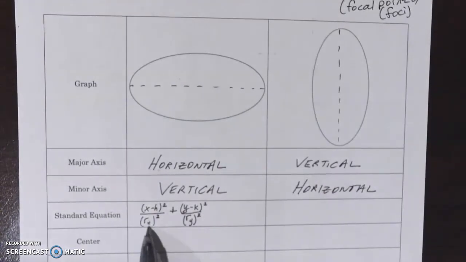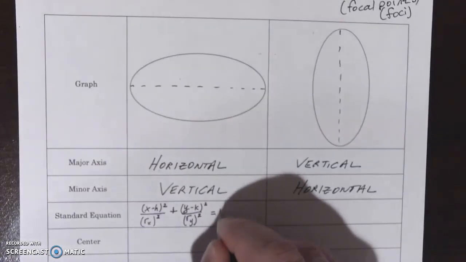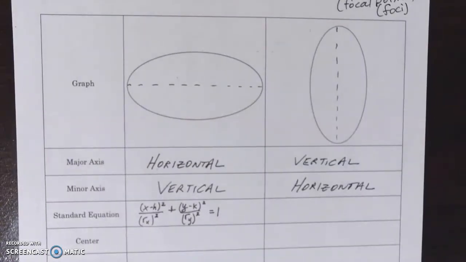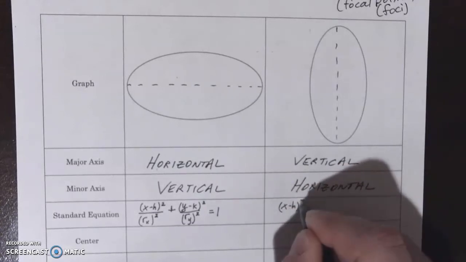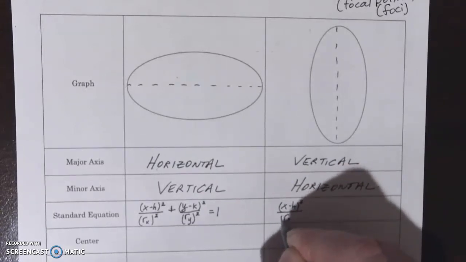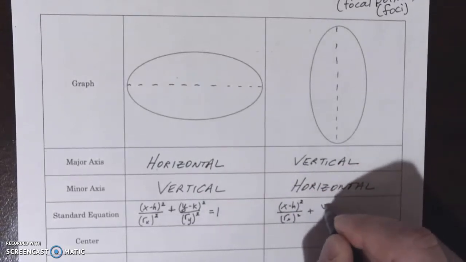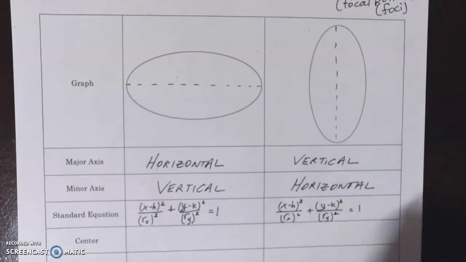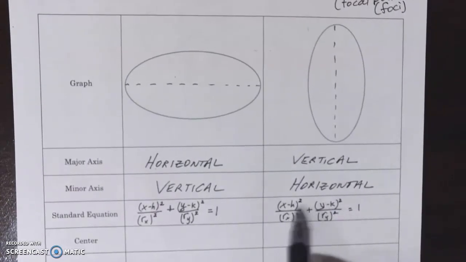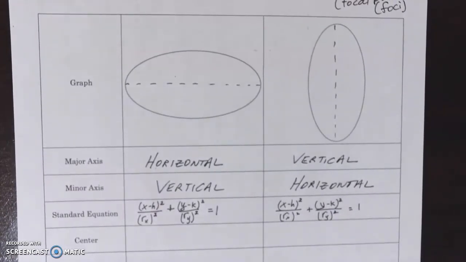Basically, the r sub x would be the number underneath the x that's on top, r sub y. Then it's always going to be equal to 1. Okay? All right. Now, same thing for this equation, x minus h squared over r sub x squared plus y minus k squared over r sub y squared equals 1. These will be numbers. These will be numbers. We'll always have the x and the y.